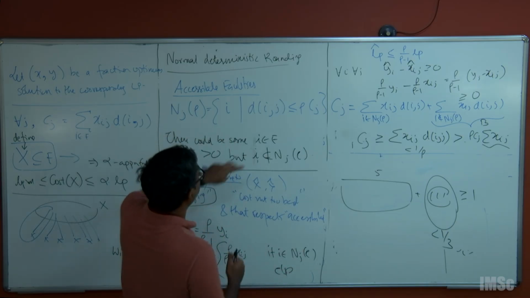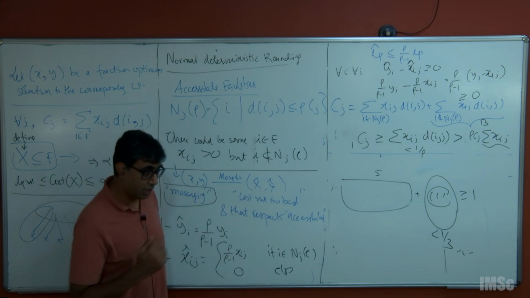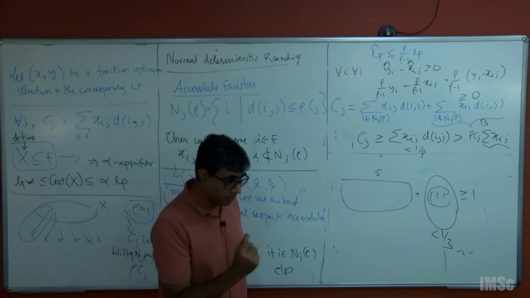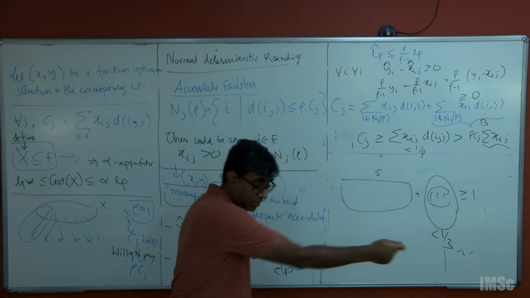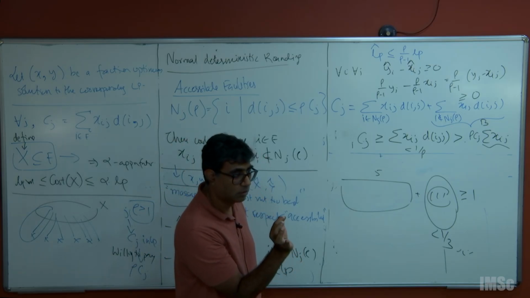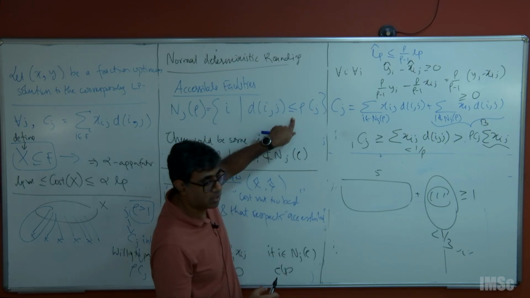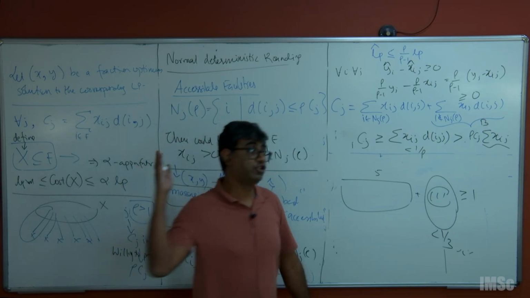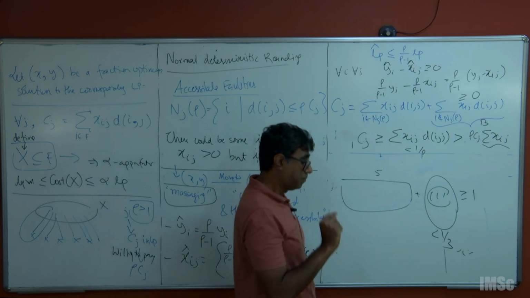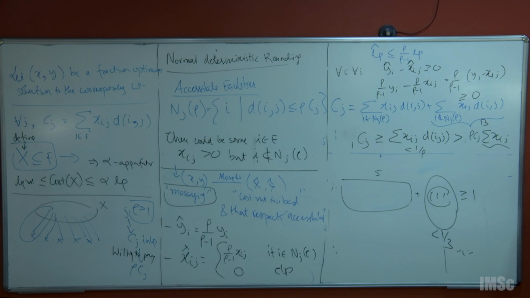So basically what it tells us is that this is equal to 1. If some facility is too far away from me, then the corresponding xij should be too little. The LP will ensure that. So those facilities which are too far away from me in terms of rho, the values of those xij will be too little, right?